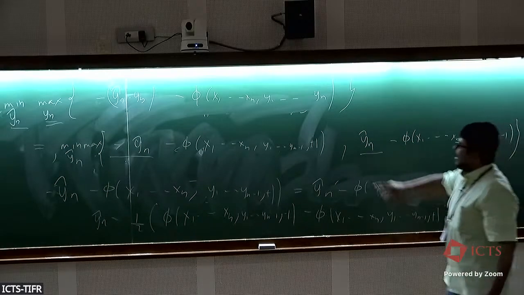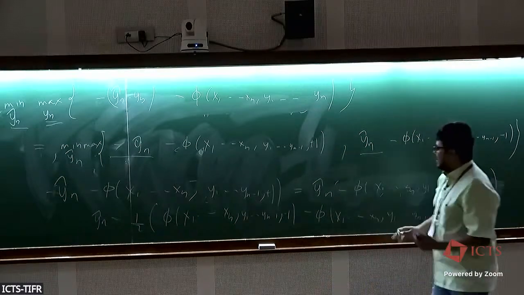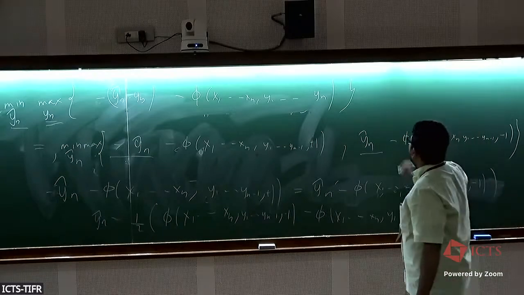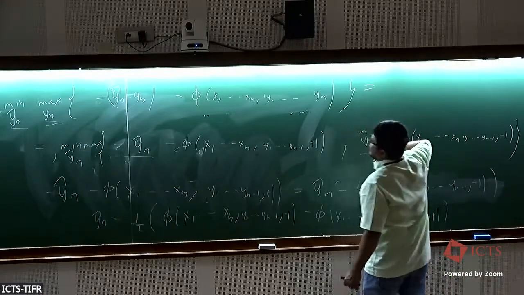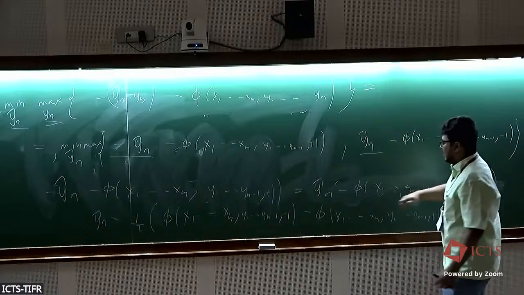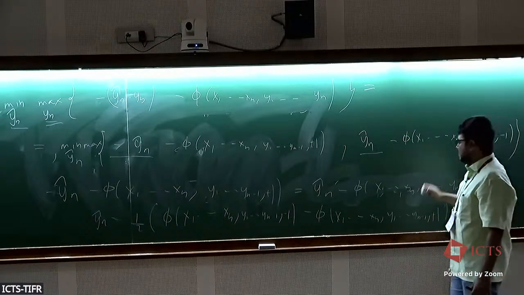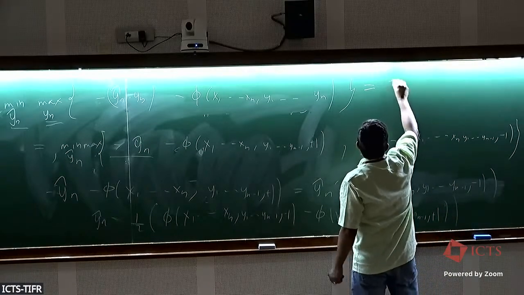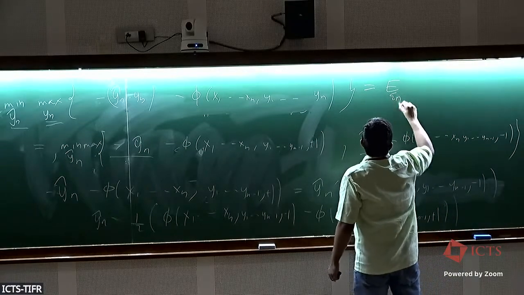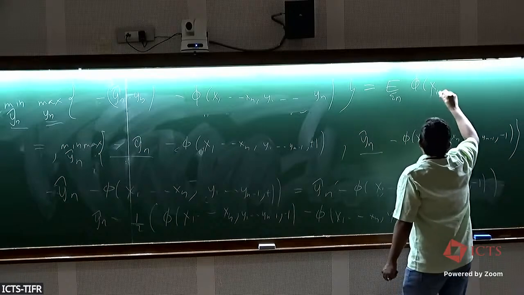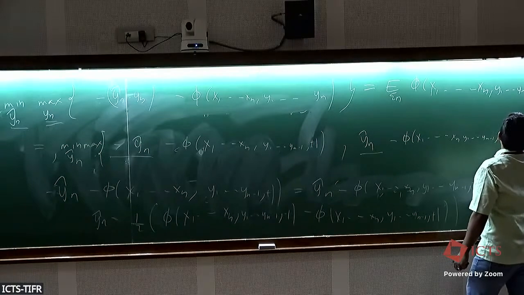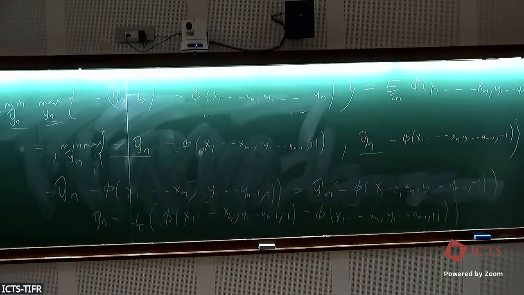Now to get what this value is, you can just plug back this y hat n. I'm not going to work it out because we already did this once for the course result. But if you did this, what you would get is the expectation over epsilon n of phi of x1 up to xn, y1 up to yn minus 1, comma, epsilon n. Okay? So that's what you end up getting.